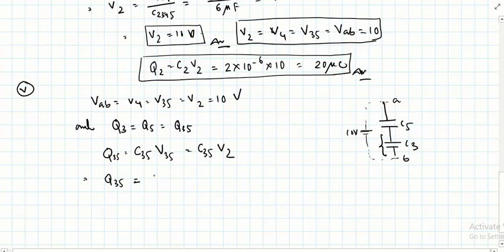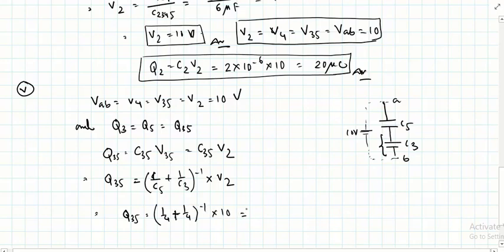C35, they are in series, so I should write 1 over C5 plus 1 over C3, inverse, into V2, right? Or you can find this C35 would be 1 over 4 plus 1 over 4, inverse, into V2, which is 10. That will give you Q35 as 20 microcoulomb.